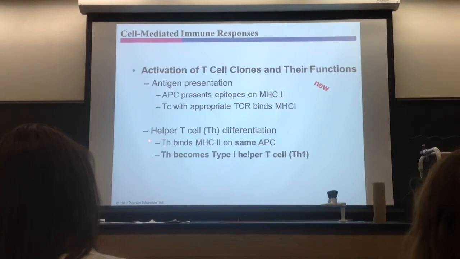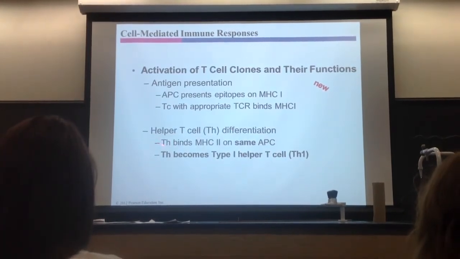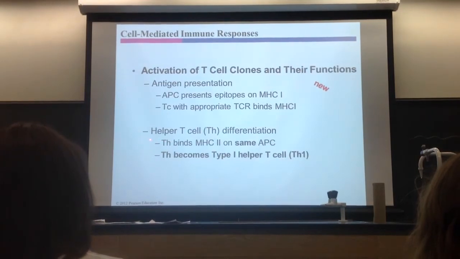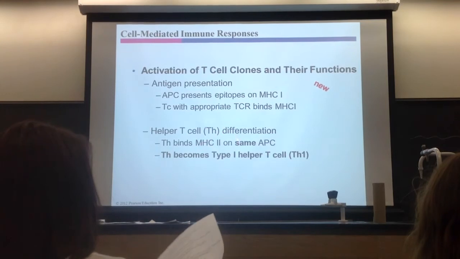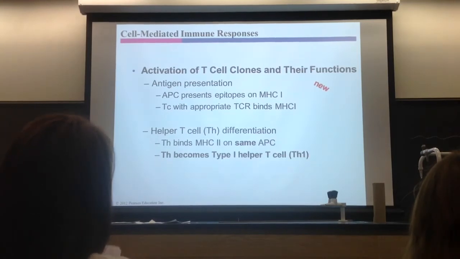So, the T helper cell comes along. They're all in the lymph node, okay? He comes along. Now, he is going to bind the MHC2 on the same APC. Remember, didn't I say APCs have both types?